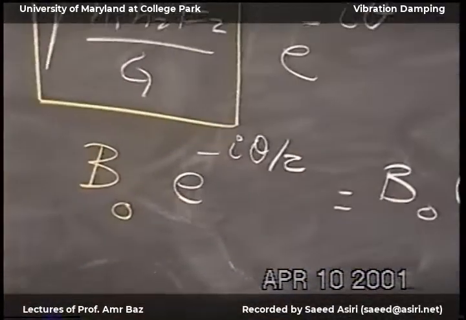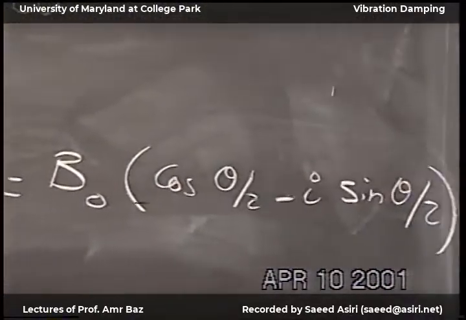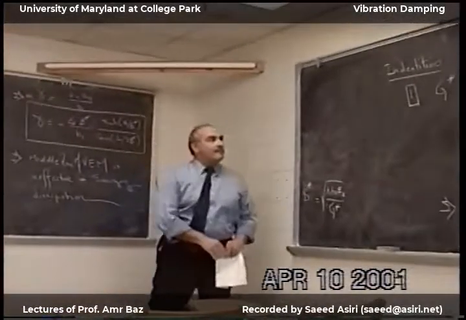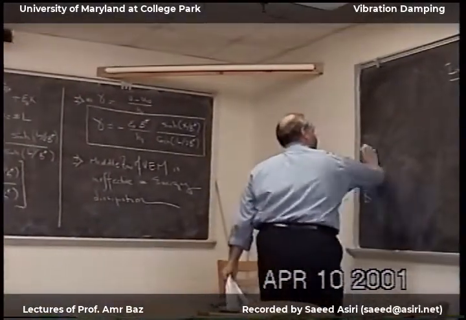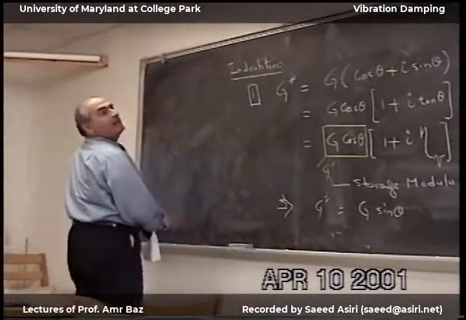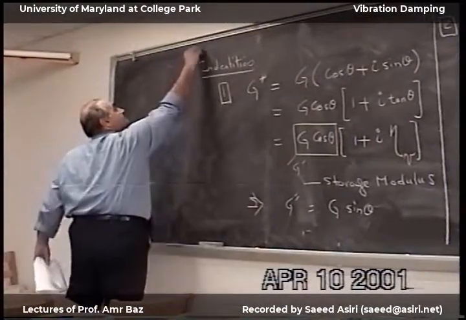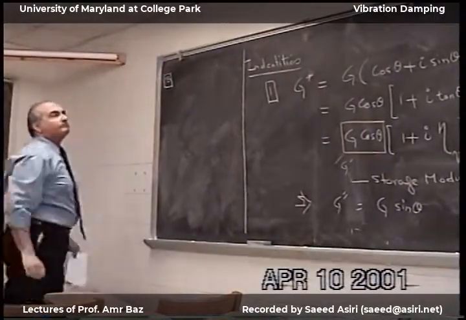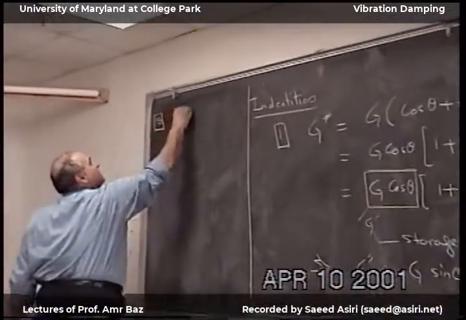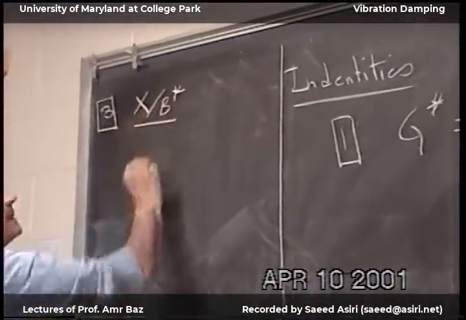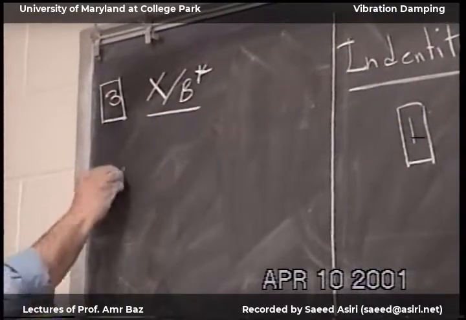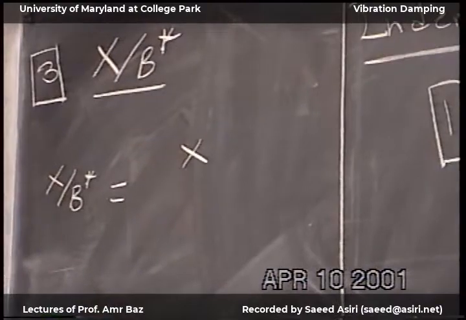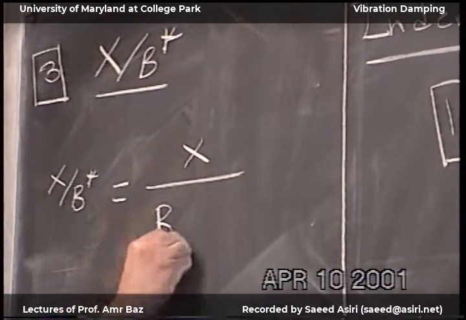Now we have this, which we need here and we need here. Okay? So number 3, identity. I'm going to get the x over b asterisk. The x, we know it. The b asterisk is right here, is b0.